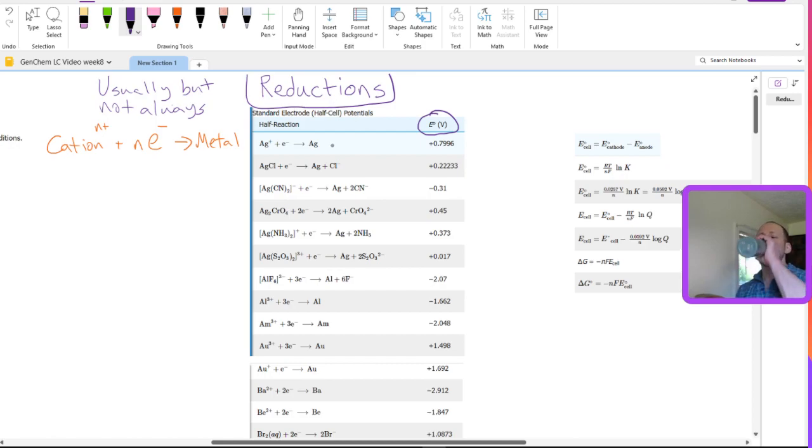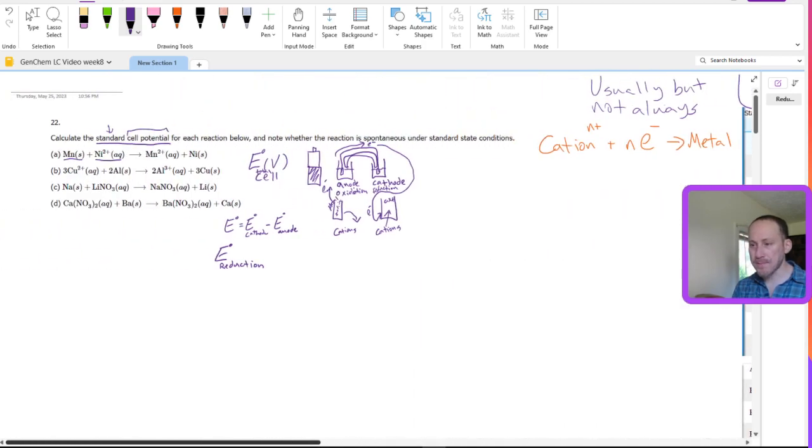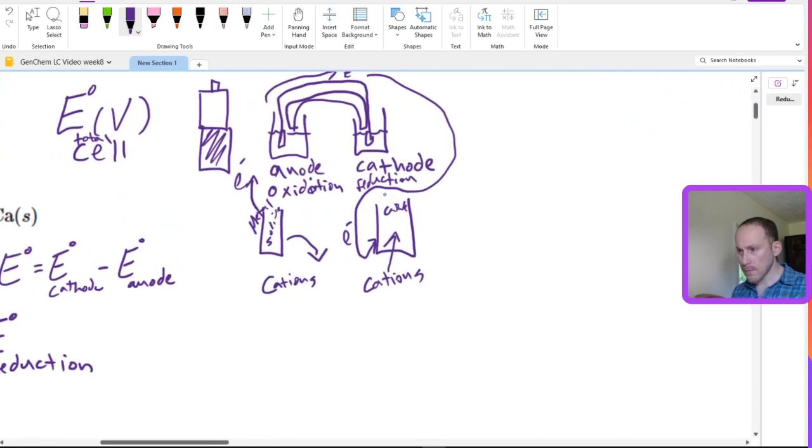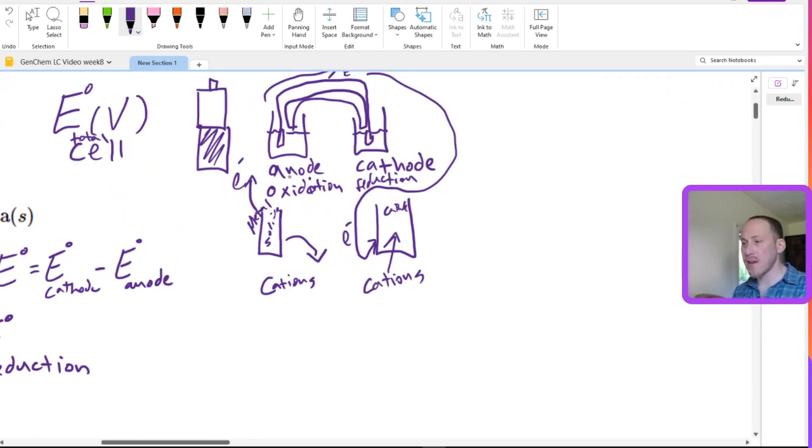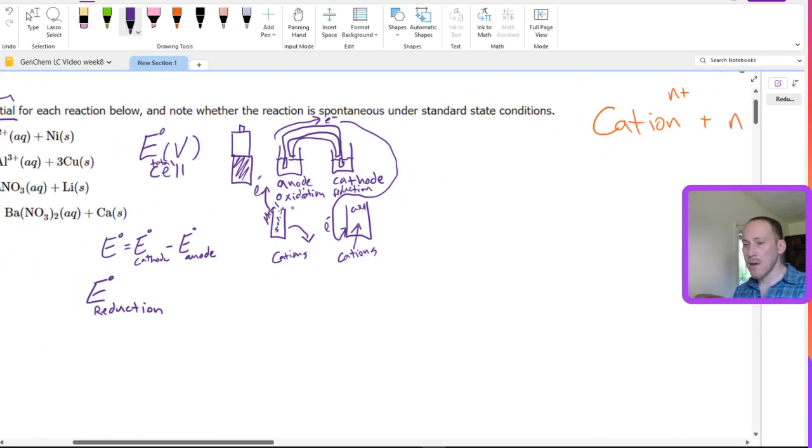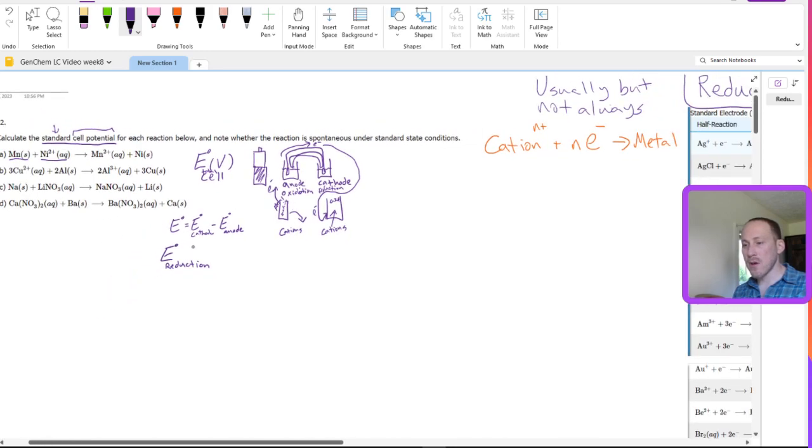So, to answer this first question, all four parts, we have to identify what is the cathode, which is being reduced. We have to identify what is the anode, it's being oxidized. And then we go look up the reduction potentials of each of those on the table and then simply calculate it like that.